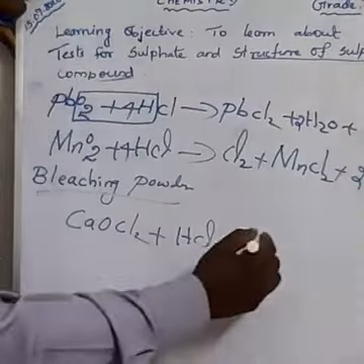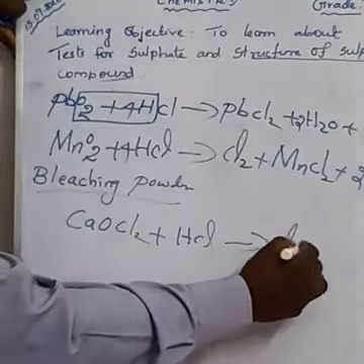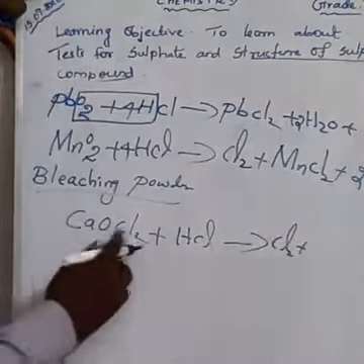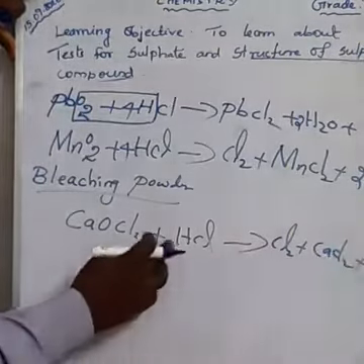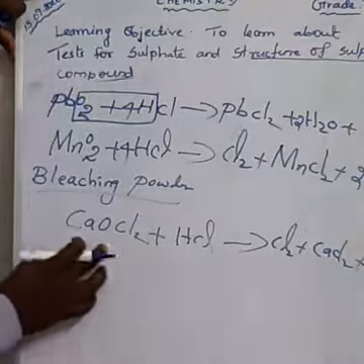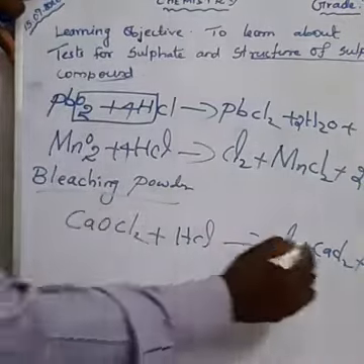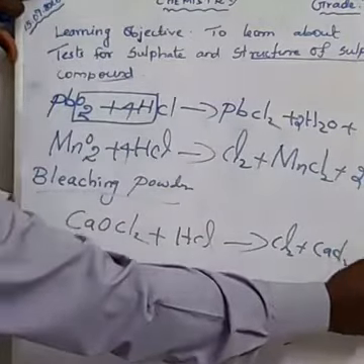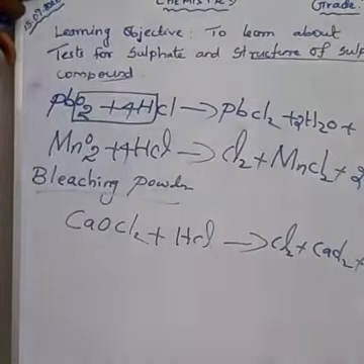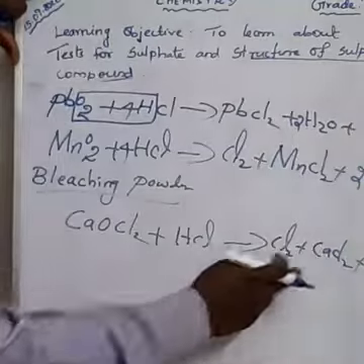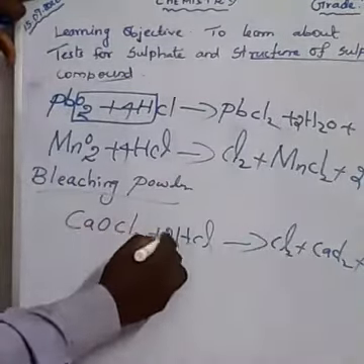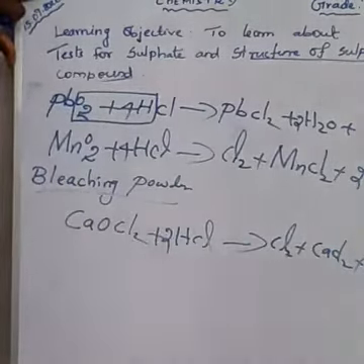First a chlorine molecule is obtained, plus calcium combines with the chlorine to form calcium chloride, and also hydrogen combines with oxygen to form water. Then how much chlorine is there? Here 2 chlorine, here also 2 chlorine. 2 chlorine is over, so make it 2 here. Now the equation is balanced.